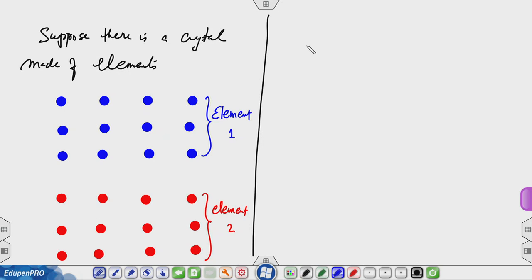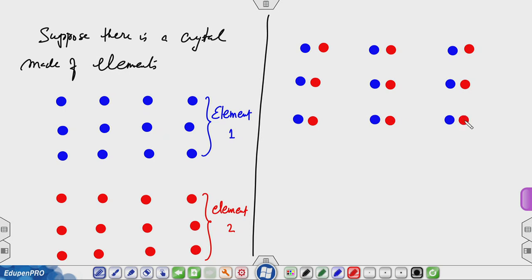So, what I have right here is the crystal which is made of these molecules that are formed by these two elements.